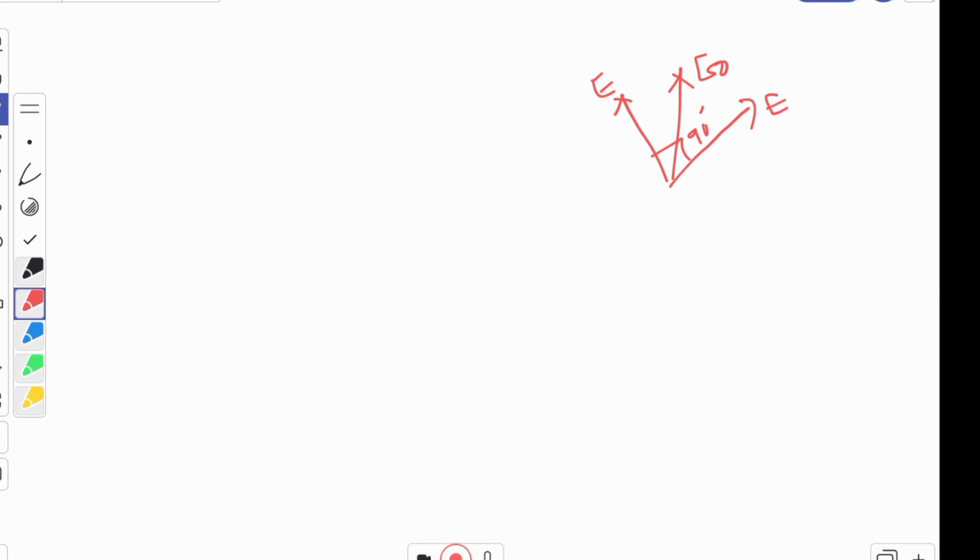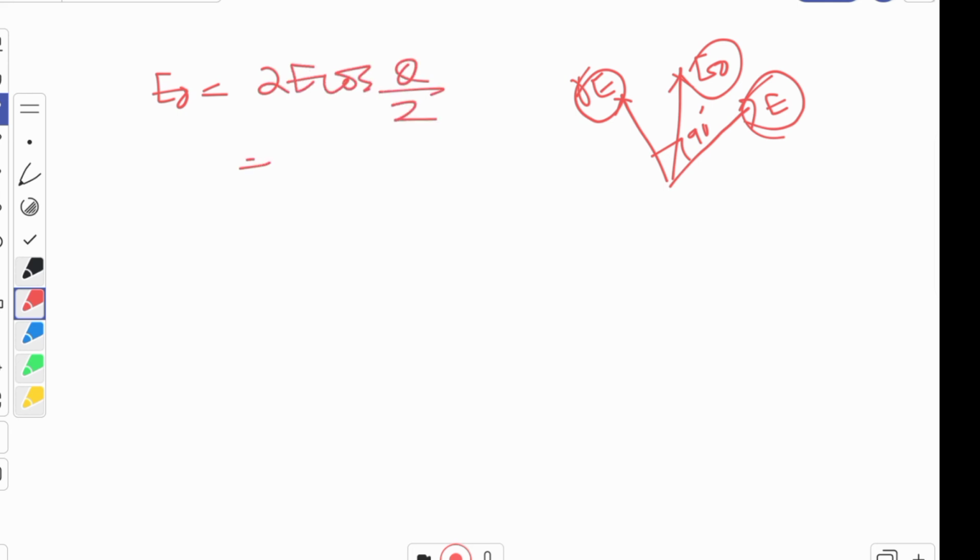Now we'll see what I have told. These two vectors have the same value. So your net E naught is, we'll apply the formula 2E cos theta by 2, what I have already told. So 2E cos 90 by 2. Clear children? So 2E cos 45 degree.